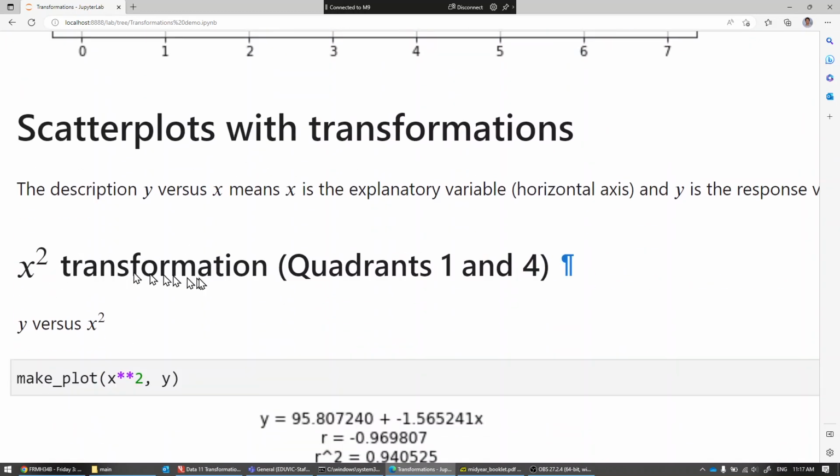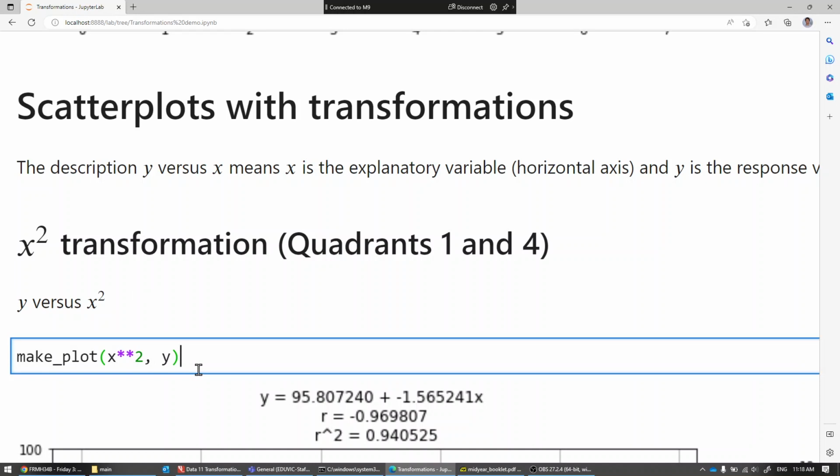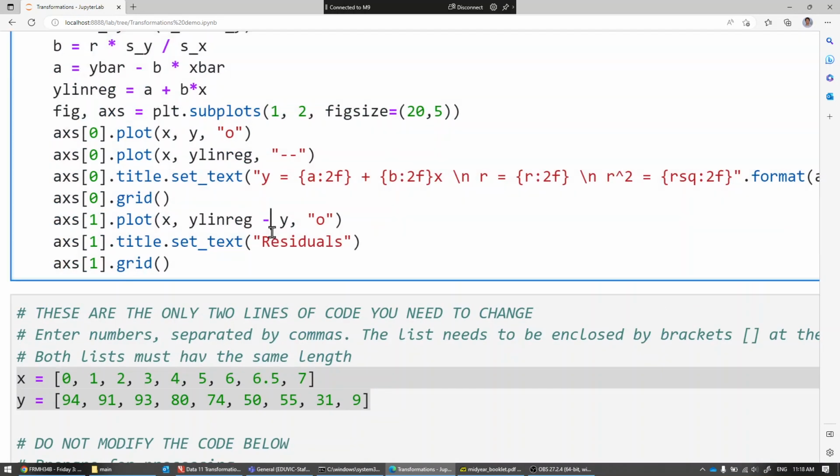Today we're going to look at this transformation. So instead of graphing y versus x, I'm going to take every x value and replace it with x squared. So I might even show you what this looks like.